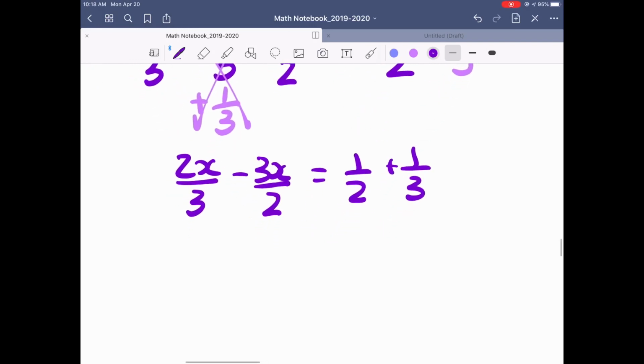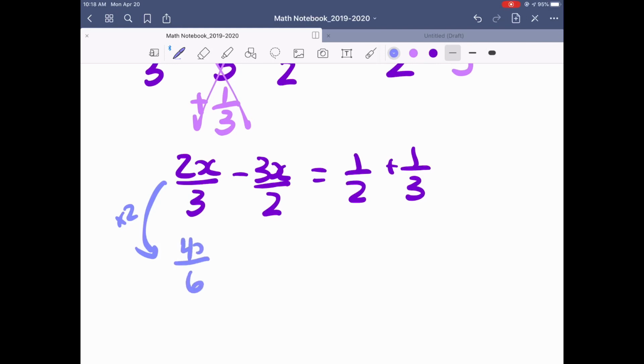Now, remember, guys, the only way you can add or subtract any fractions is if you have a common denominator. And the common denominator between 3 and 2 is 6. So we're going to change all of these to be a common denominator. So this one is going to be multiplied by 2, the top and bottom.